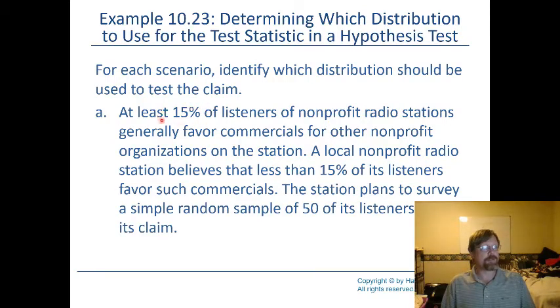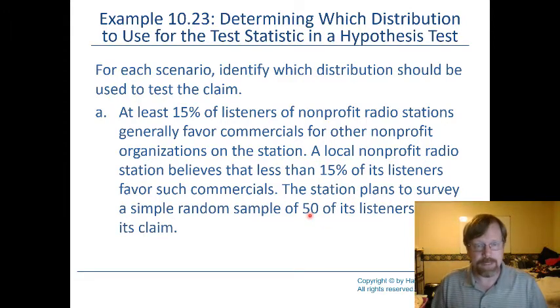In general, at least 15% are presumed to favor these commercials. And the local radio station thinks that less than 15% of their listeners appreciate them. So they're going to survey a random sample of 50 of their listeners to test the claim. Okay, so just think about that. What type of statistics are we dealing with, and what's the sample size? What type of test is appropriate?